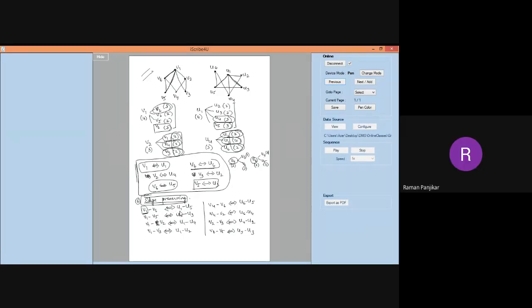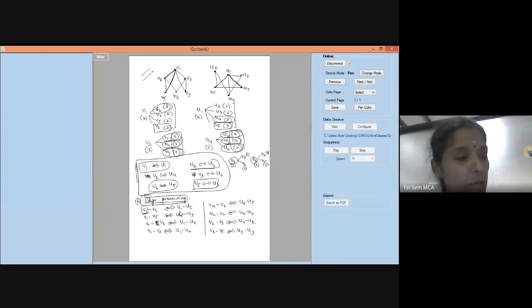Ma'am, I took V2, V3 and V2, V4 as one edge. See, from the graph, you list down all the edges.